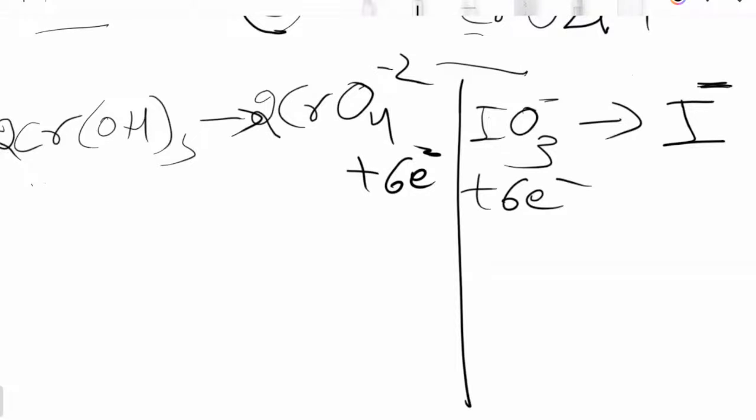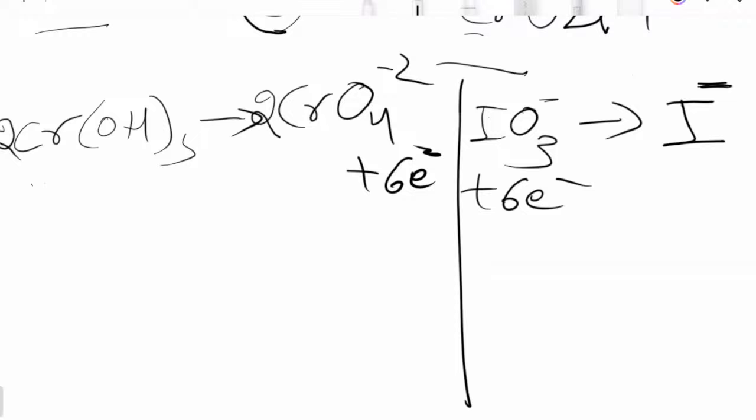Now we need to balance hydrogen and oxygen atoms. So we add an equal number of water molecules on both sides. On the side which has excess oxygen, we need to add double the amount of hydroxyl ions on the opposite side.